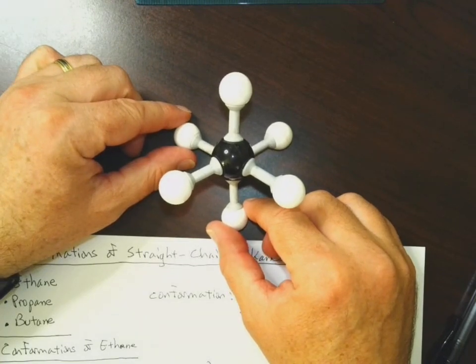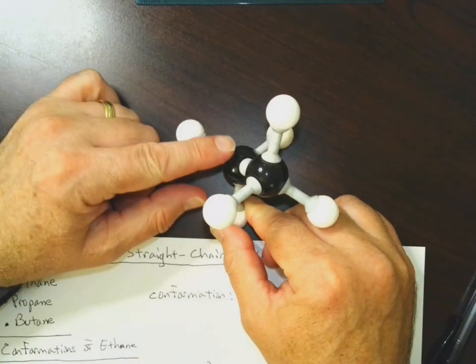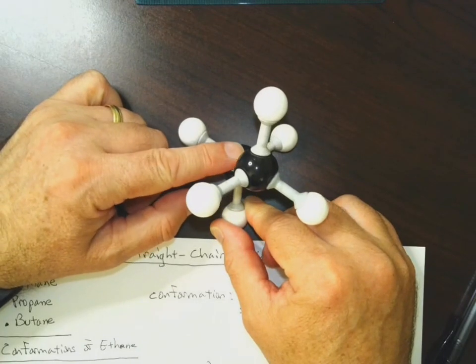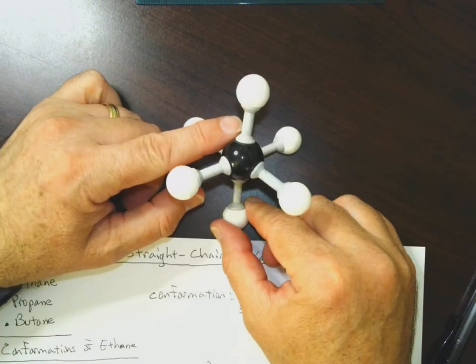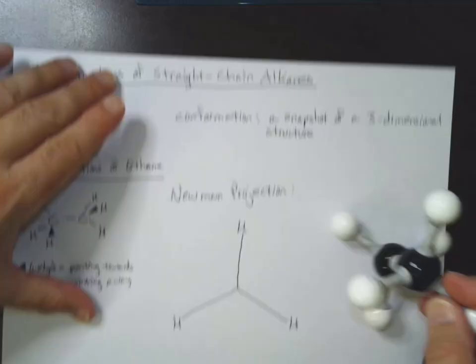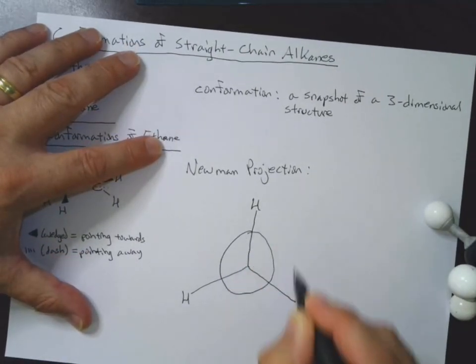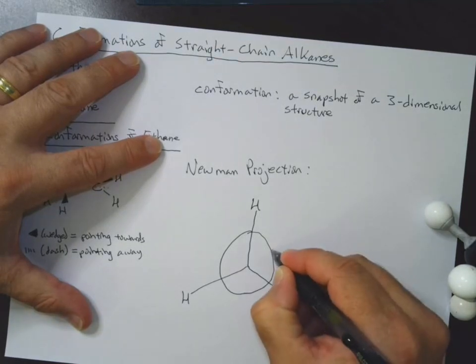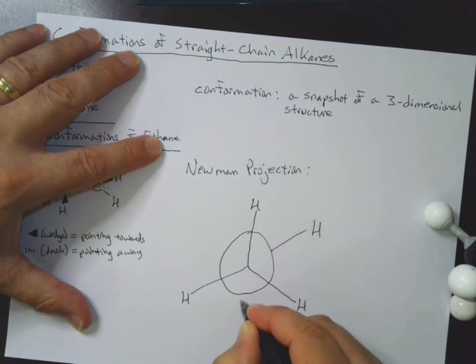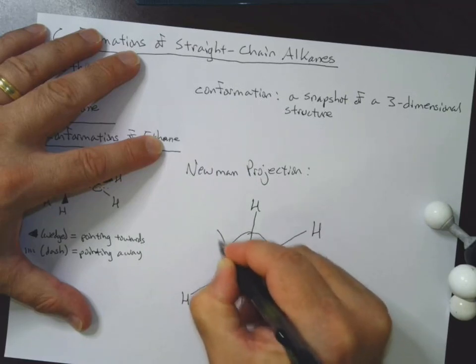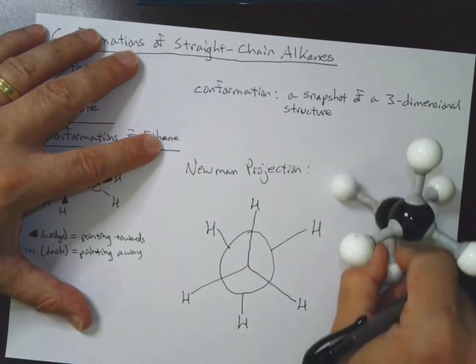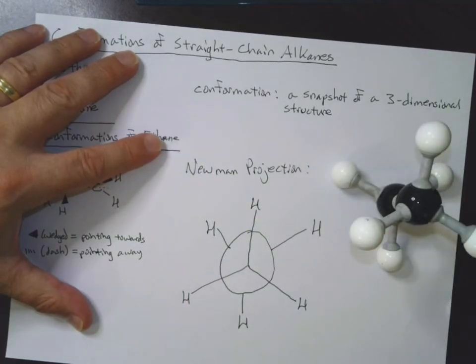Now it's hard for me to show the back carbon because it's right behind the front carbon. So what I'm going to do is draw a circle. And then I'll show where the other hydrogens are coming off of that back carbon. So let me just label these here.